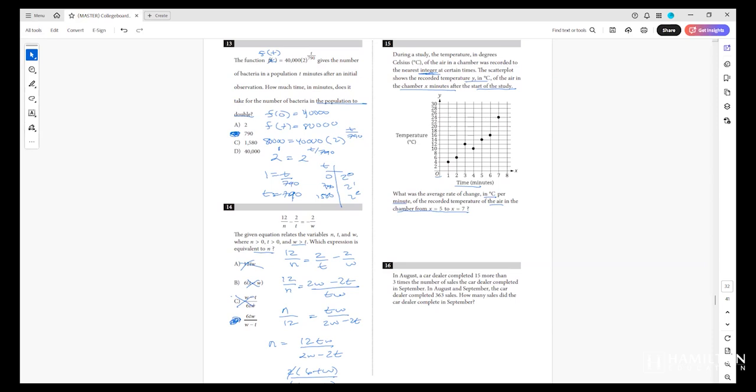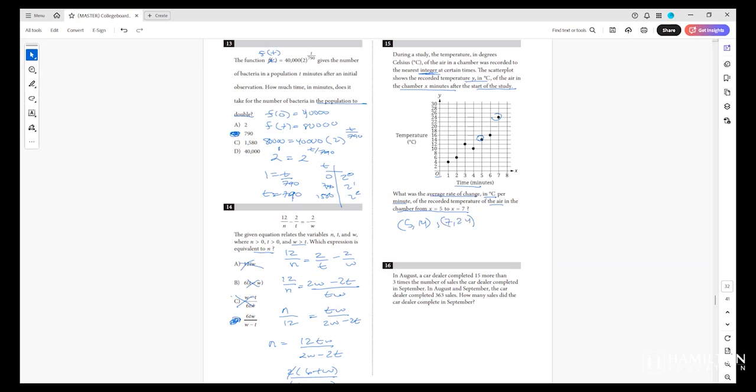Okay, so the question is not what's the line of best fit or anything like that. It's just what is the change in temperature from 5 to 7. So I'm going to go to the 5, which is (5, 14), and to 7, which is (7, 24).